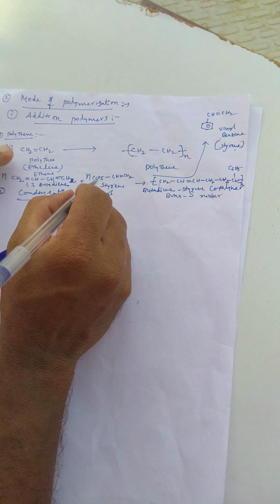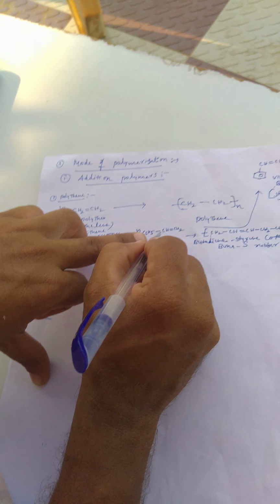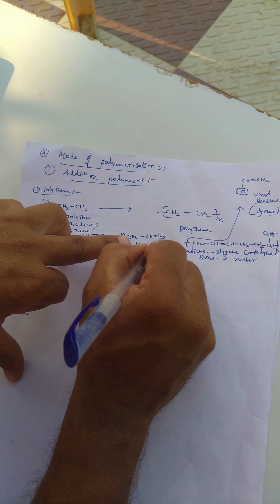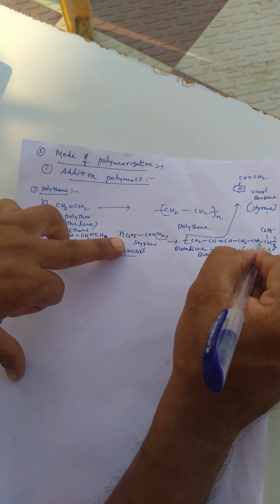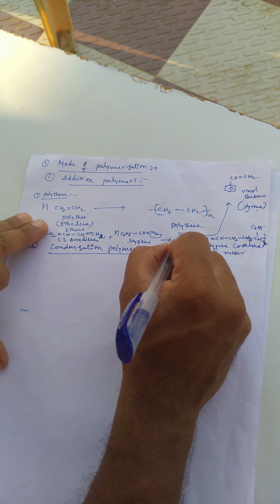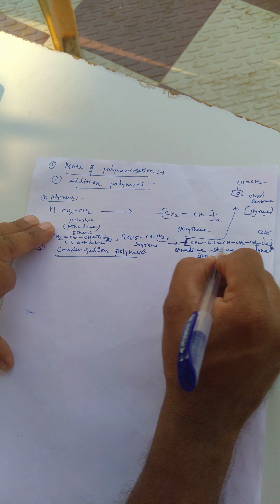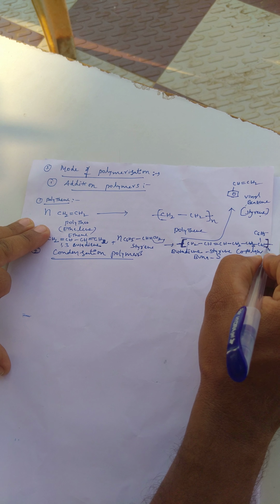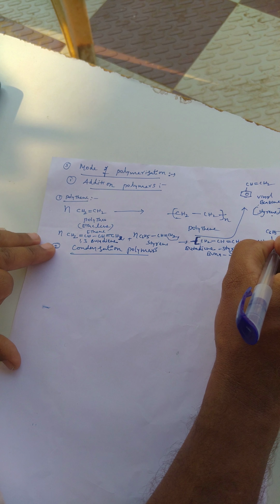When you are writing, children, the C6H5 will go up, and wherever the double bond is present, it will come here. You can see the structure. So here you should write n. This is the correct way, children. Whenever you are writing the polymer, this will be there. It means it will be continued, n number, and that's what we have to write with this symbol.